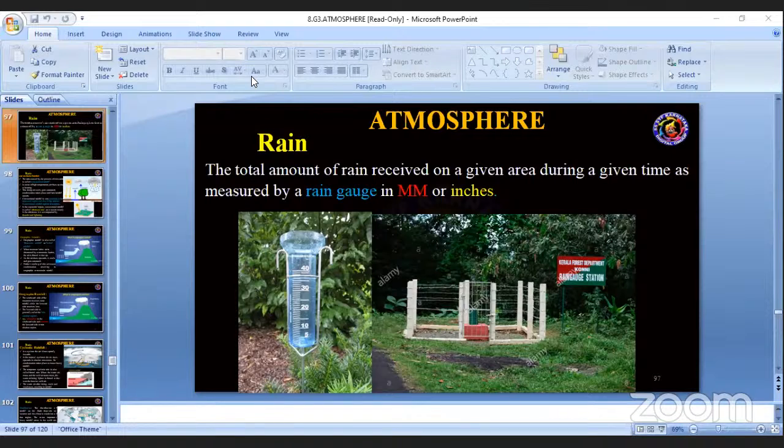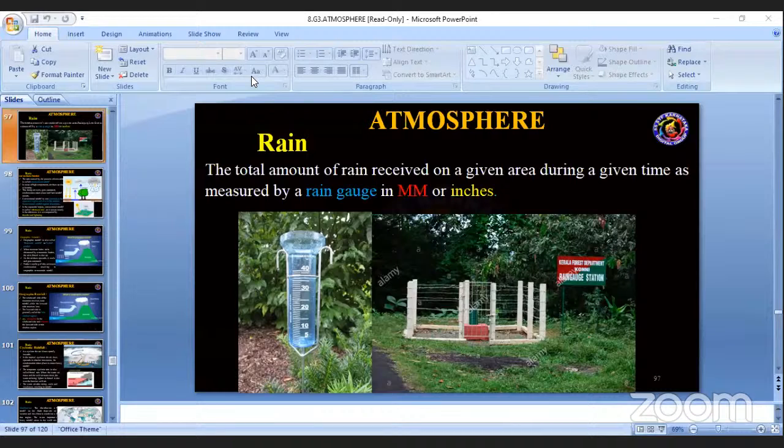Like that, what are the units of humidity? Using those units, we can easily measure rainfall. But for humidity, we use different units.